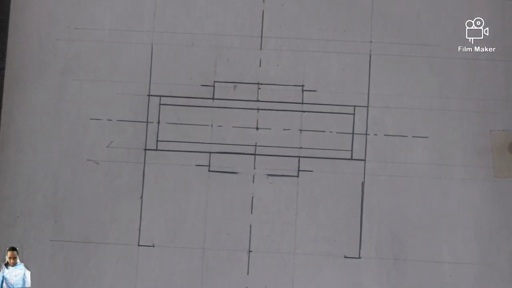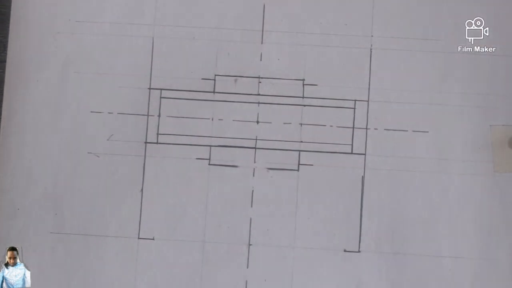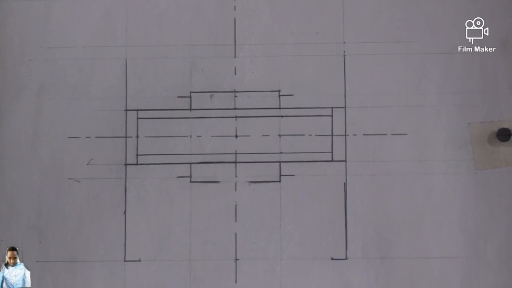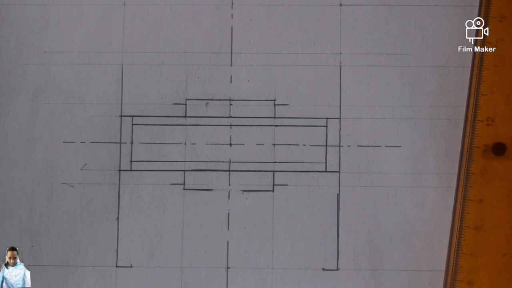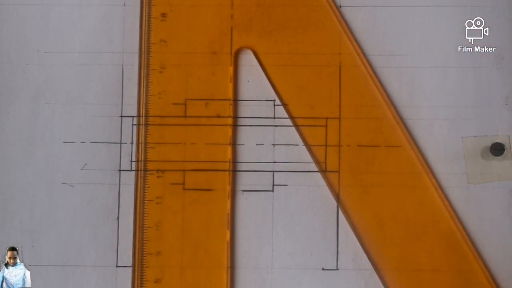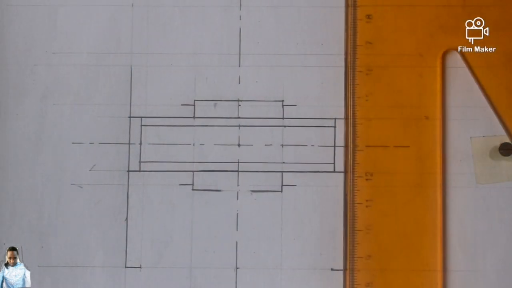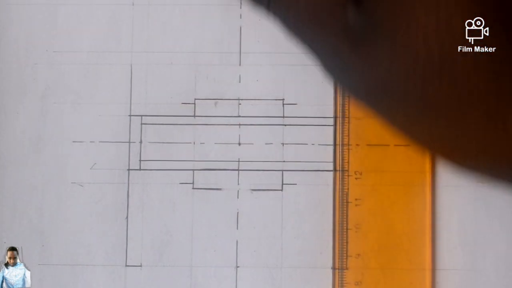So which means take this vertical up, this vertical up. There you go, and this one, up you go.